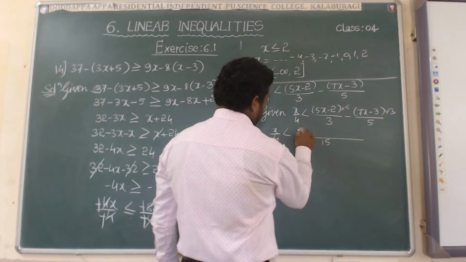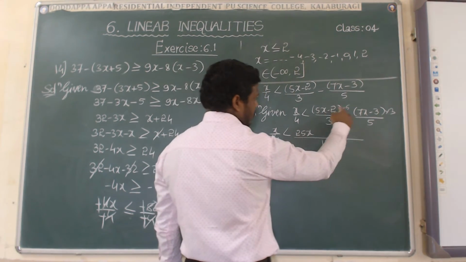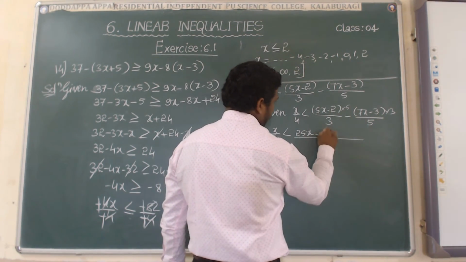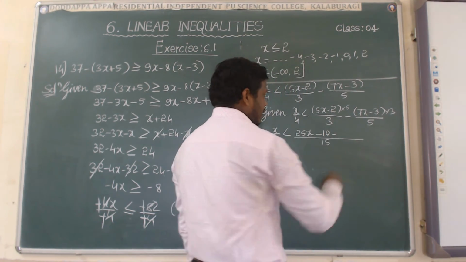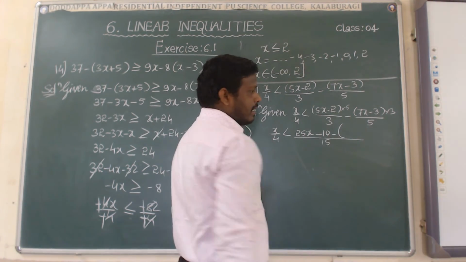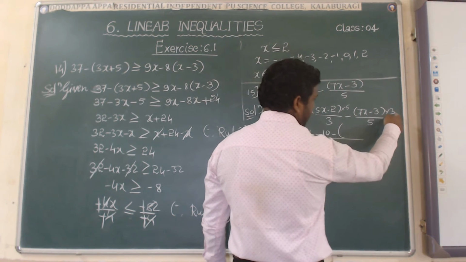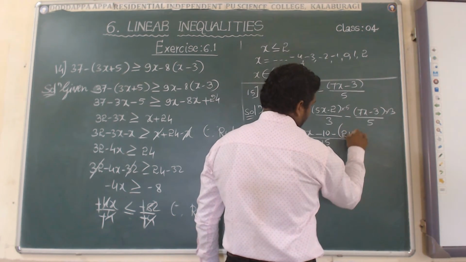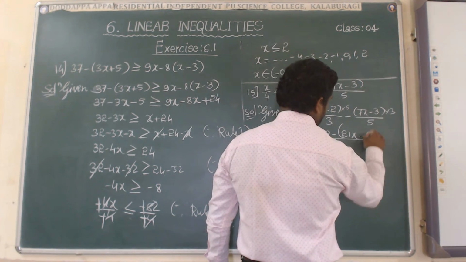Multiply: 5x into 5, that is 25x. Minus 2 times 5 is minus 10. Here a minus is there, so I will write minus and keep the resulting values inside the bracket because the sign will be changing. So 7x into 3 is 21x, minus 3 into 3 is minus 9.